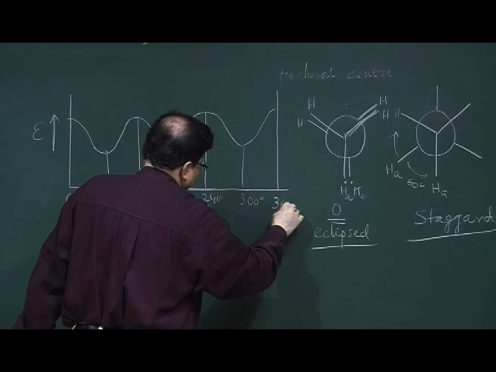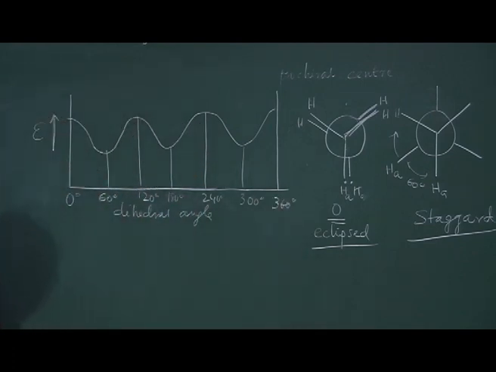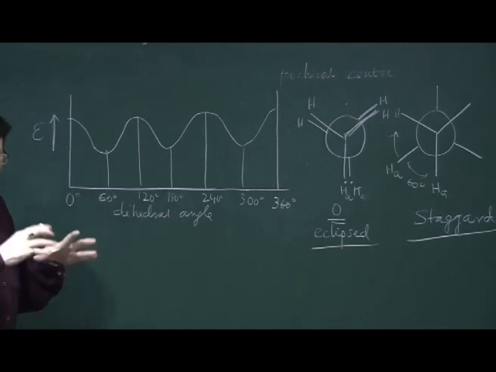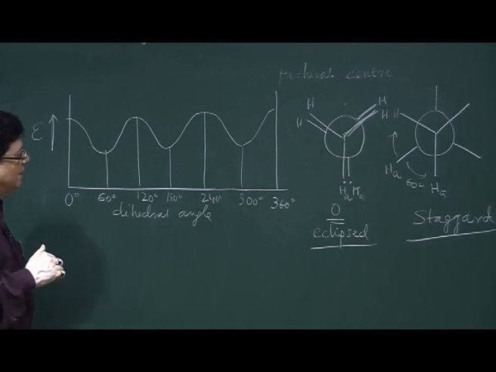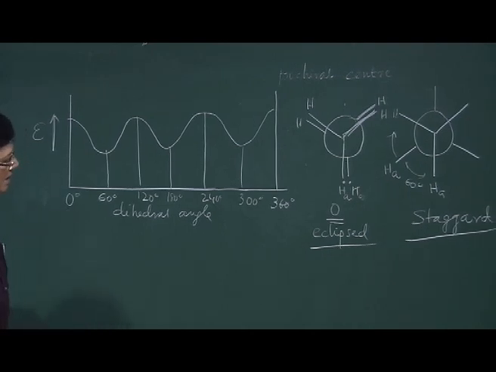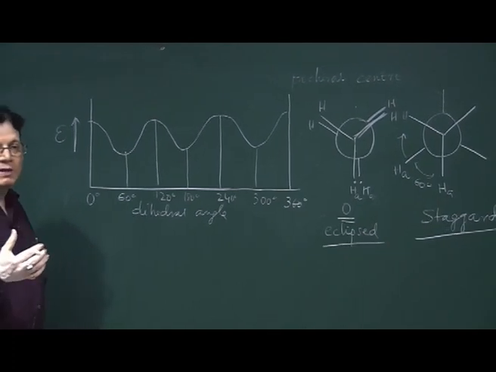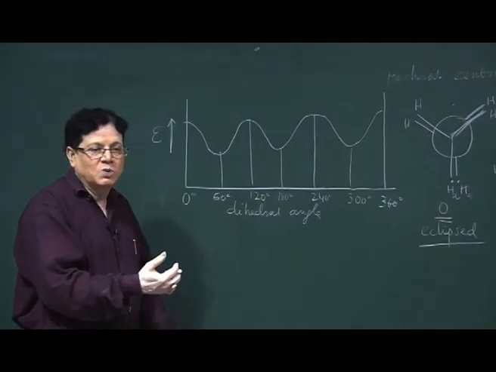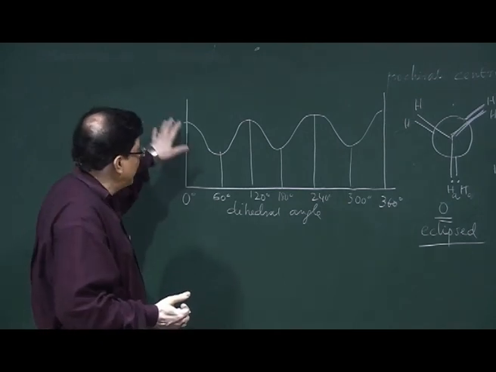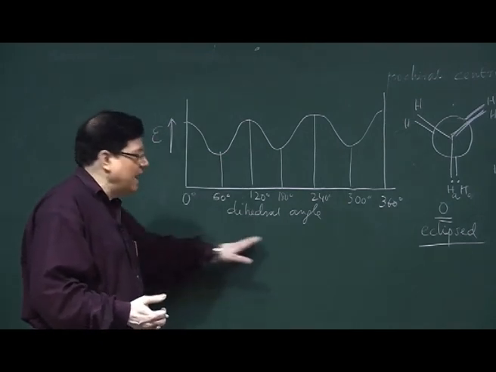Okay. So, this is the energy profile diagram of ethane, or we call the conformational analysis. Conformational analysis means several things, how the reactivity depends on the conformation, how the energy varies with the conformation.